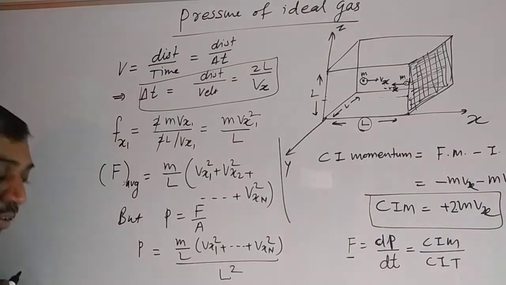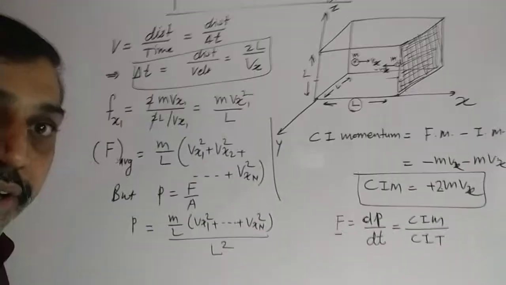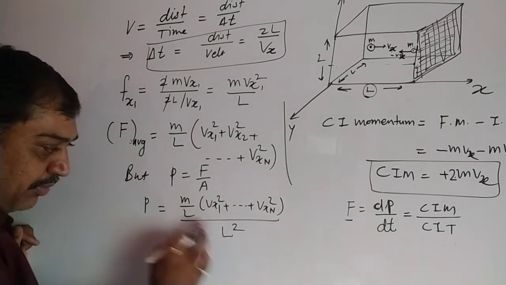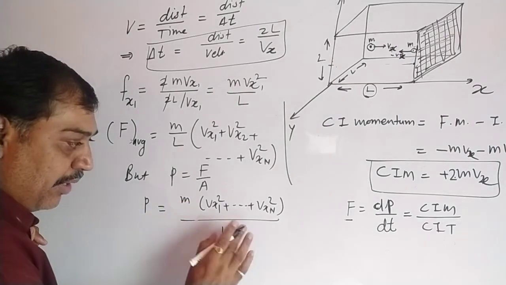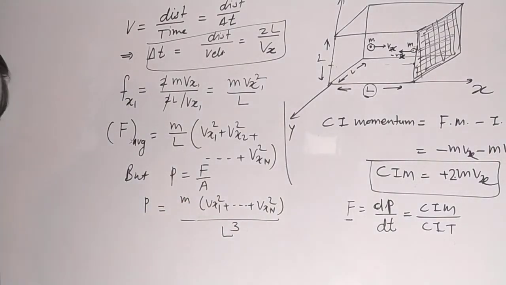Now this L comes in the denominator, so I will write directly m divided by L into L square, which is L cube. And L cube is nothing but what?